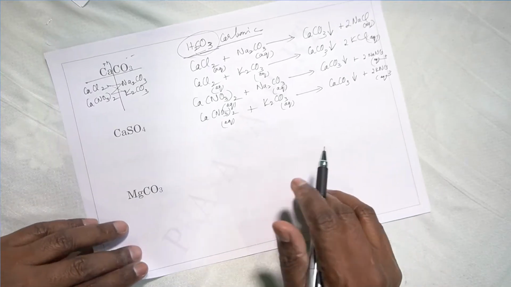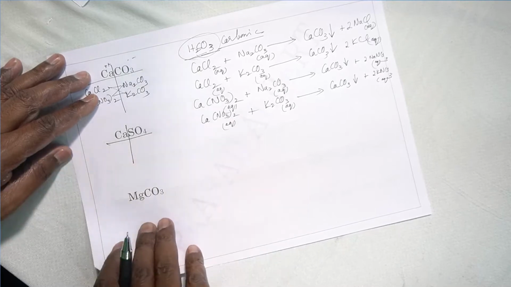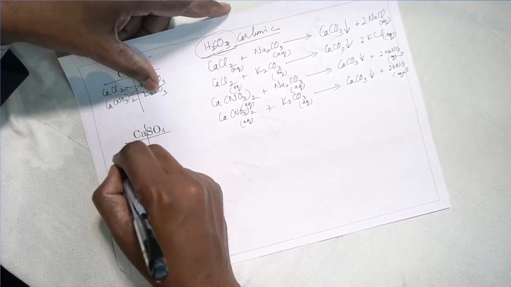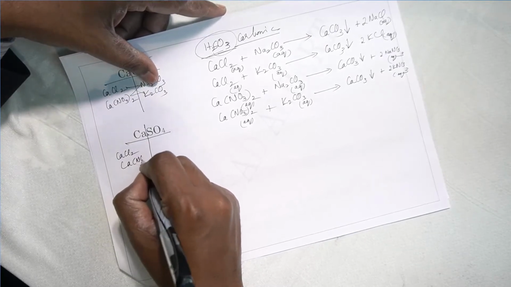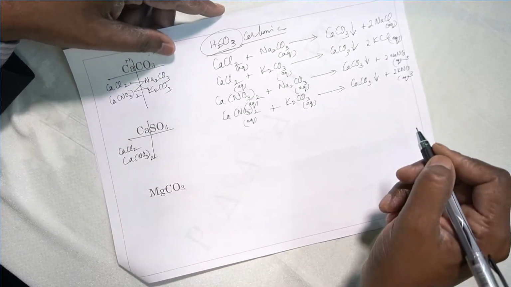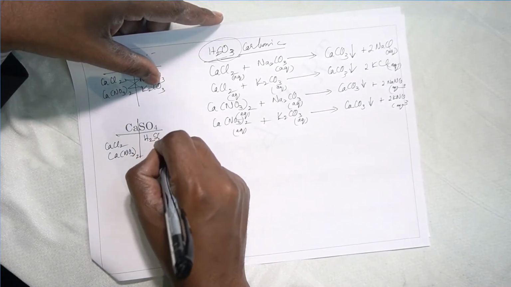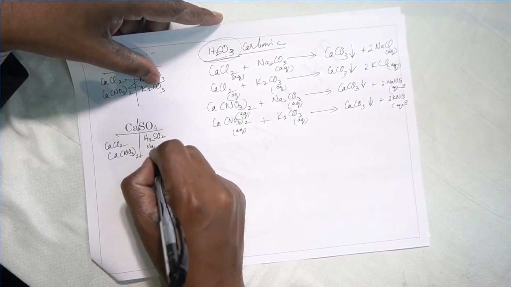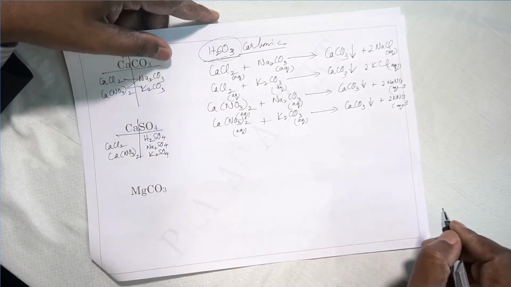Now let us take calcium sulfate. For calcium sulfate, the soluble salts of calcium are CaCl2 and Ca(NO3)2, calcium nitrate, both are there. For the sulfate part, we can have H2SO4, or Na2SO4, sodium sulfate, or K2SO4.